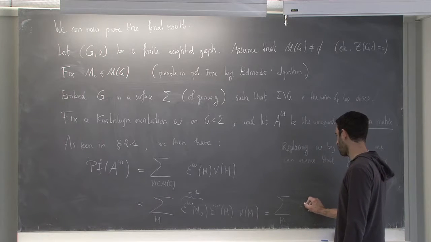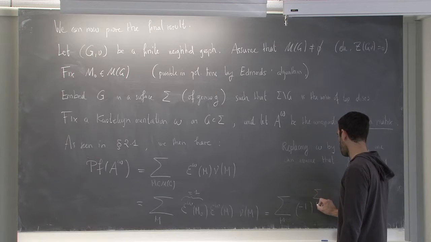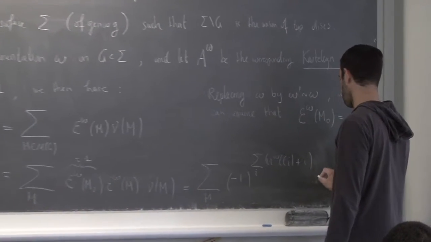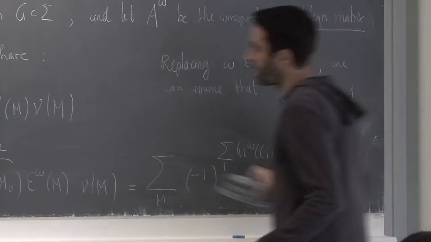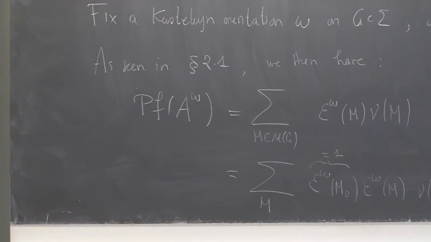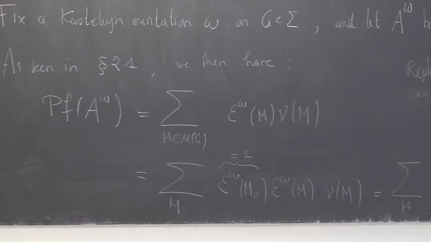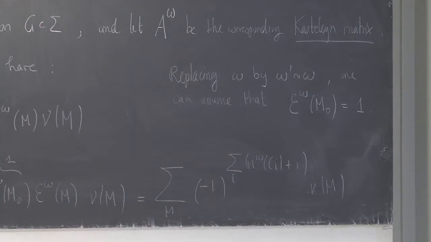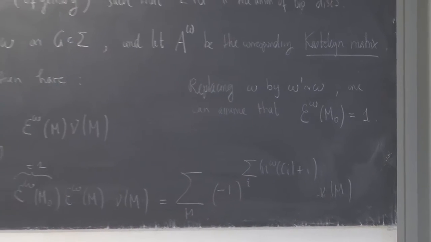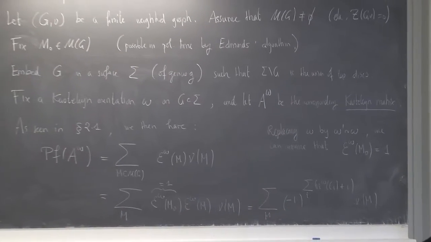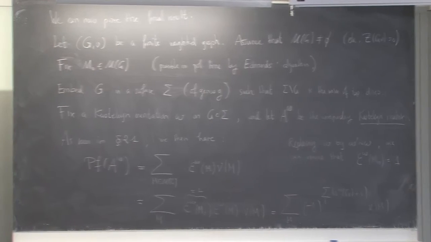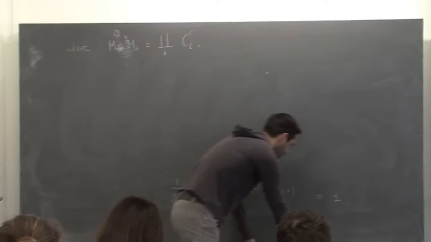We had that this was equal to -1 to the power of the sum over i of n omega of c_i plus 1, where we looked at the symmetric difference of these two perfect matchings and got a disjoint union of cycles c_i.